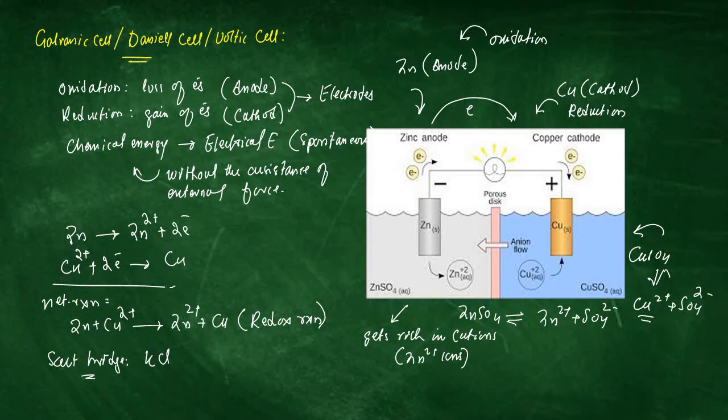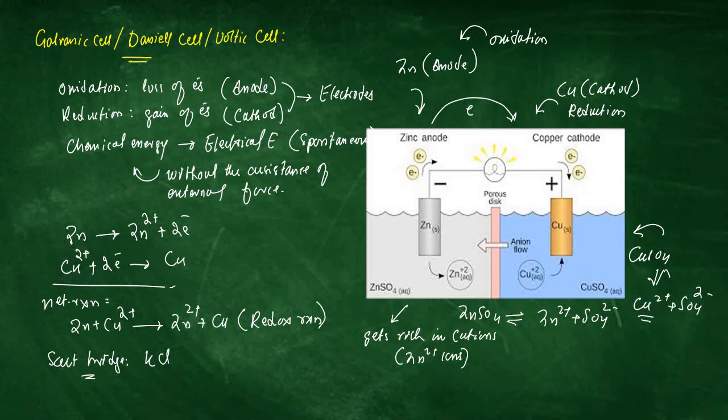It can be ammonium nitrate or any electrolytic medium in order to maintain the balance of both compartments. If the two solutions are not connected by a salt bridge, then there will be a buildup of positive charge in the anode compartment and a buildup of negative charge in the cathode compartment that will ultimately halt the operation of the cell. So in order to avoid this danger, we usually connect both compartments via a salt bridge.